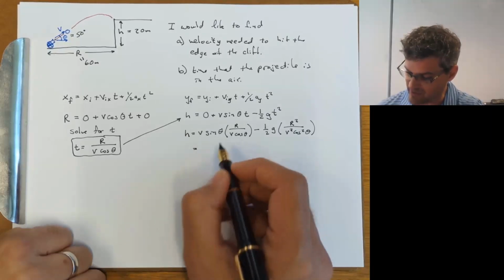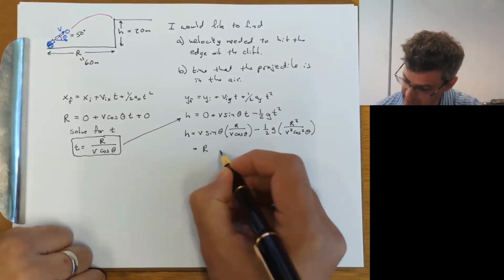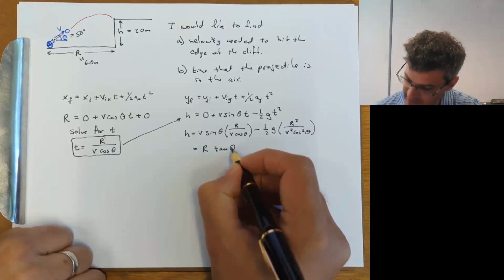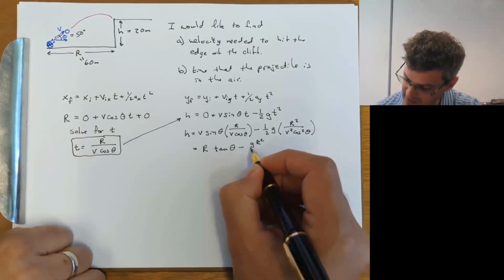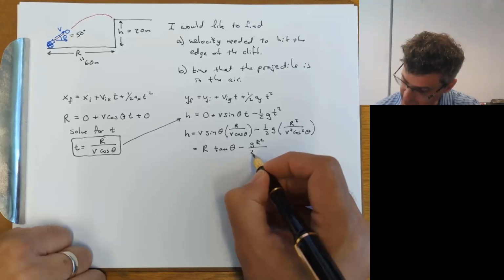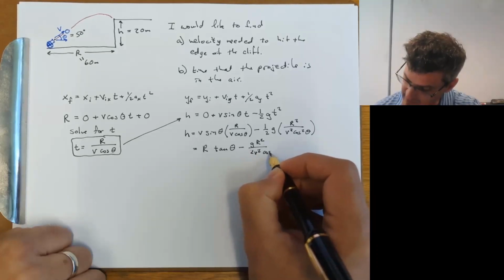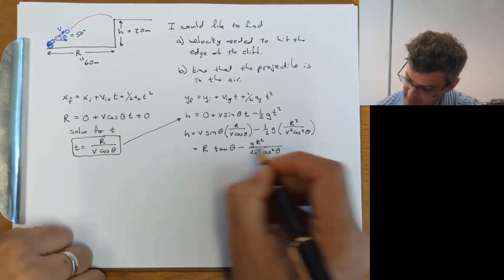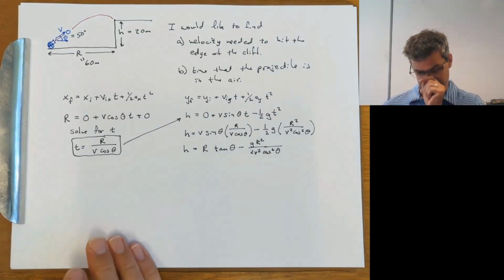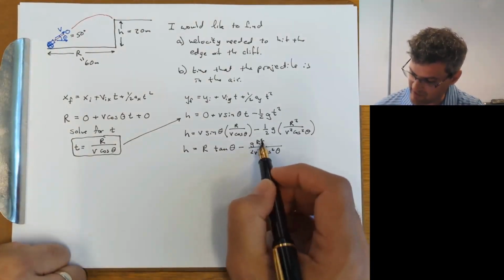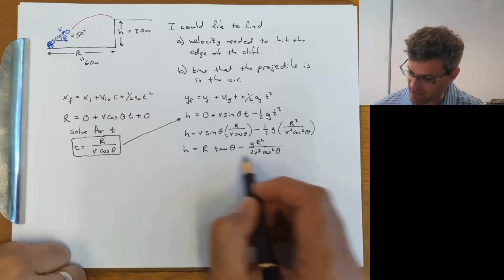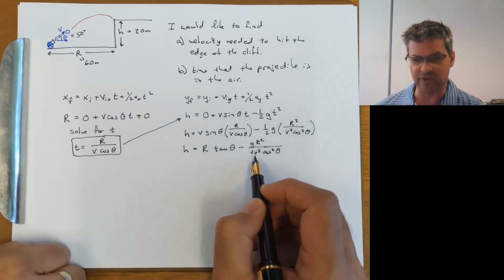V over v is 1. So this is r tangent theta minus g r squared over 2 v squared cosine squared theta. That's what h is. Now I know h, I know r, I know theta, I know g. The only thing that I don't know in this expression is v.